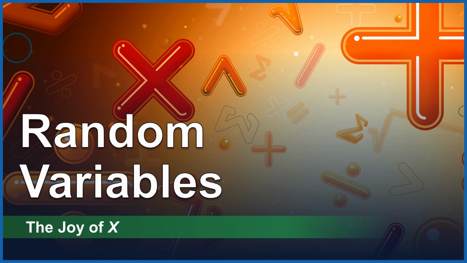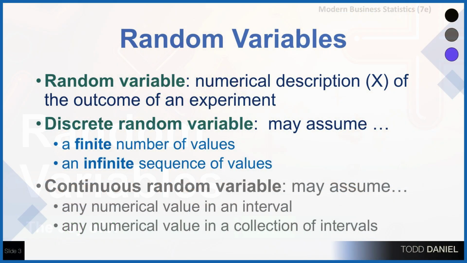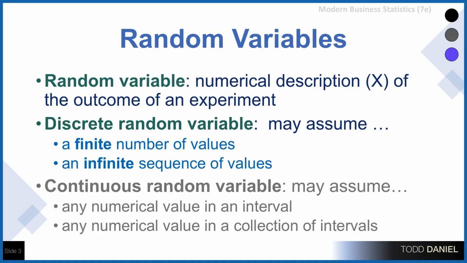But in the meantime, we're going to talk about probability distributions beginning with random variables, a numerical description of the outcome of an experiment. It's what we call X. We use the letter X to represent a random variable. And there are two kinds of random variables that we're interested in.